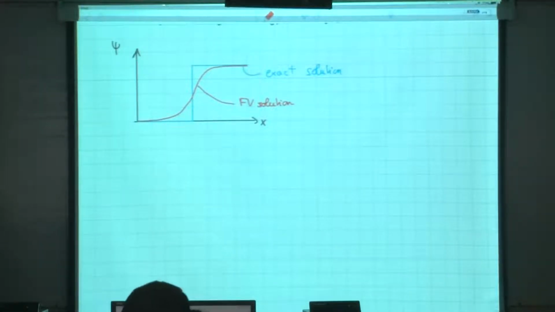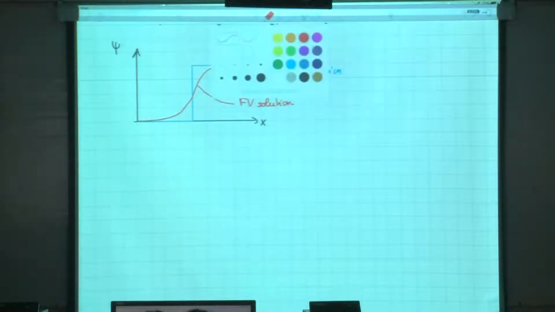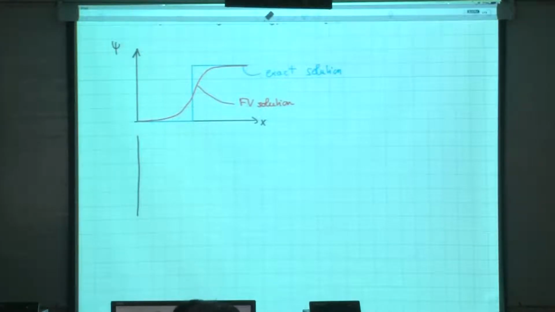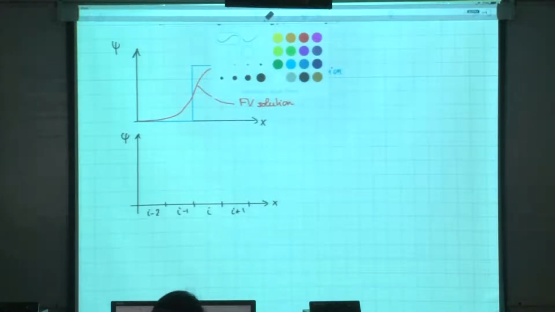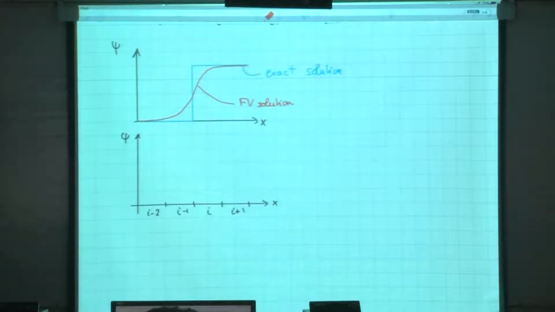But now if we think about what numerical diffusion means, let's recast this in terms of values of the function on grid cells. If I sketch this one last time, and I say that this is my cell I minus 2, this is I minus 1, cell I plus 1, etc. This smooth profile literally tells me that in that cell I might have gas only.